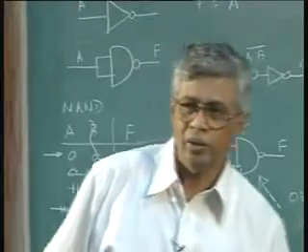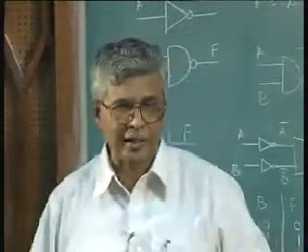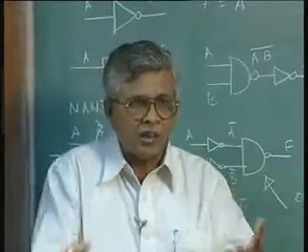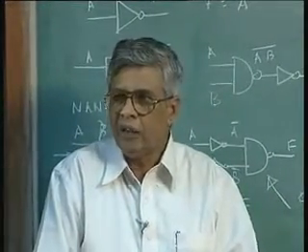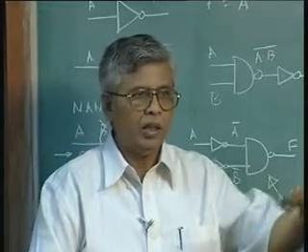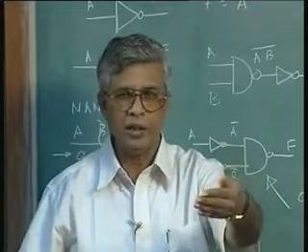Now then, I can use only NAND gates. This is technologically easy. Think of this as a process by which I have to implement a given function or a given circuit of a specific complexity, where there should be some AND gates, some OR gates, some NAND gates.